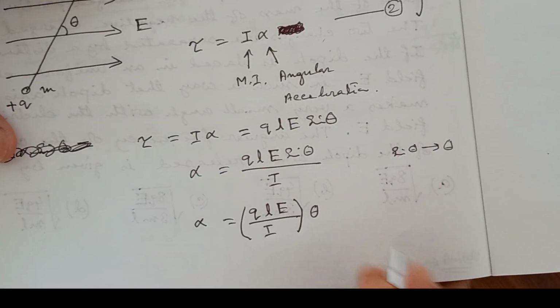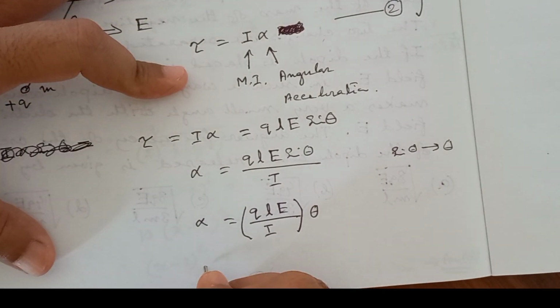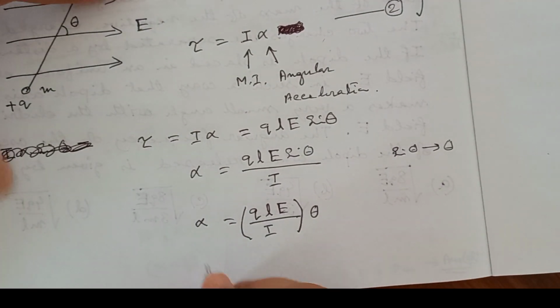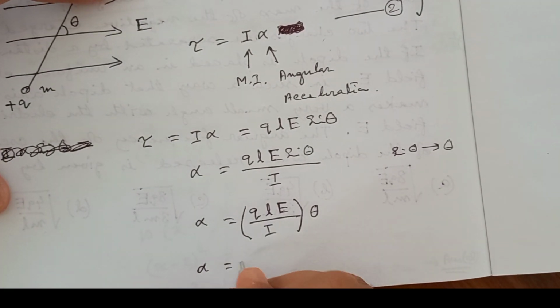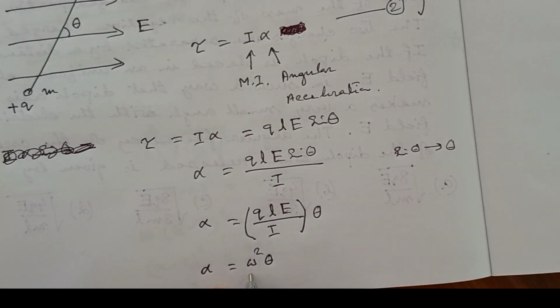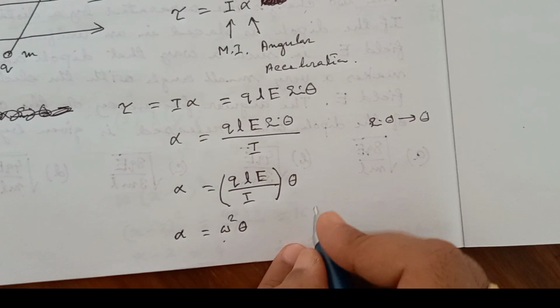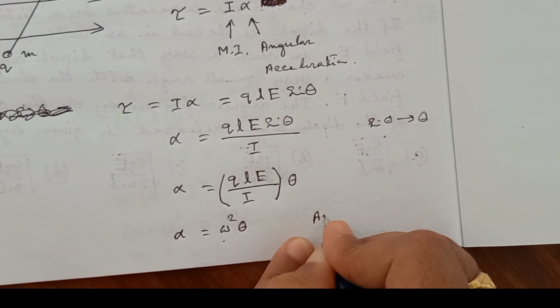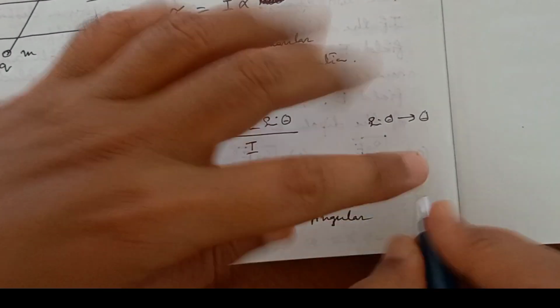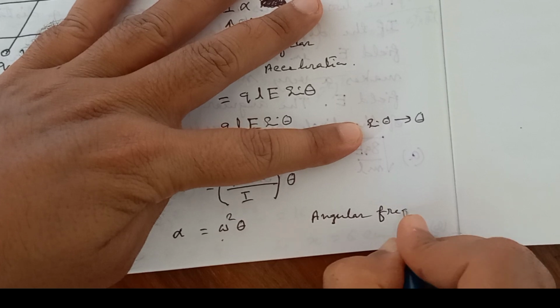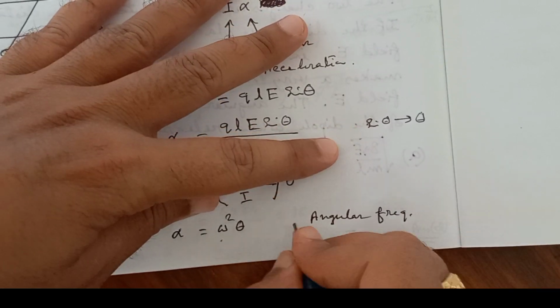Again, for small oscillation, we know the relation between alpha and theta is alpha is equal to omega square into theta, where omega is the angular frequency or angular velocity.